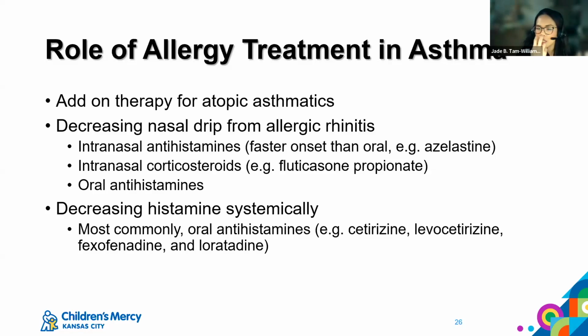That could be through an intranasal antihistamine spray, such as azelastine, or through intranasal steroid sprays like fluticasone propionate, or oral antihistamines, most commonly cetirizine, fexofenadine, and loratadine. The other way these treatments work is by decreasing the level of histamine in the body systemically, hoping to decrease the level of inflammation in the airway.